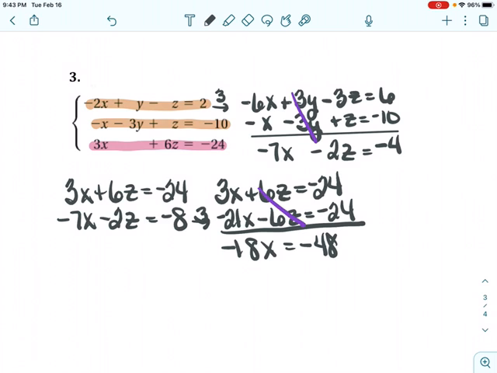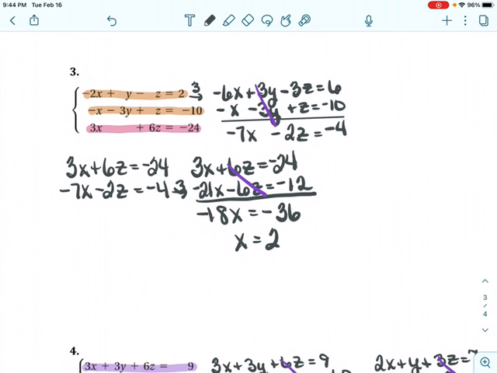This is going to be -4. Bad math. So this is going to be -12. And that's going to give me -36. That's going to make more sense because then when I divide, I'm going to get 2. Okay, so I knew something was off.